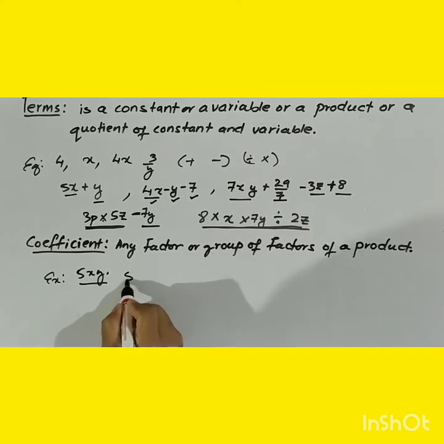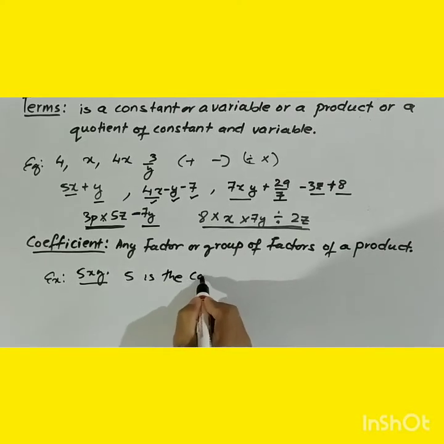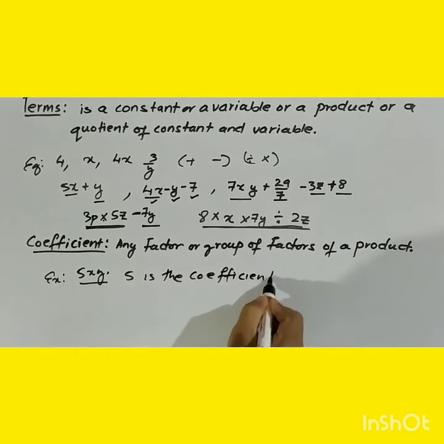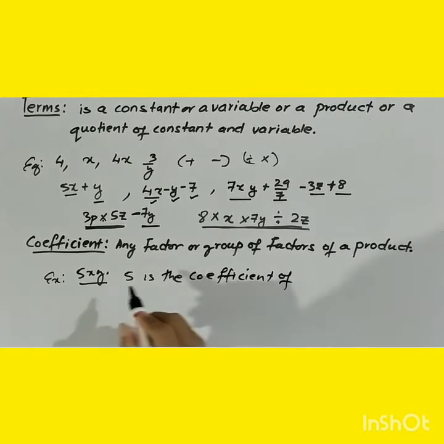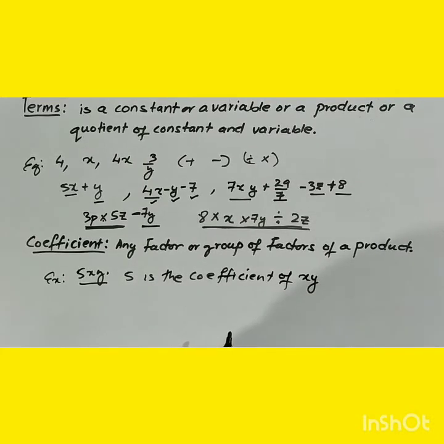Now 5 is the coefficient of xy. Okay, if I write z here, then 5 is the coefficient of the remaining factor, which is z.